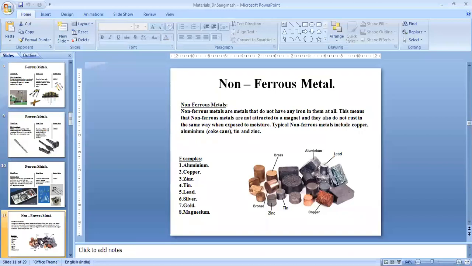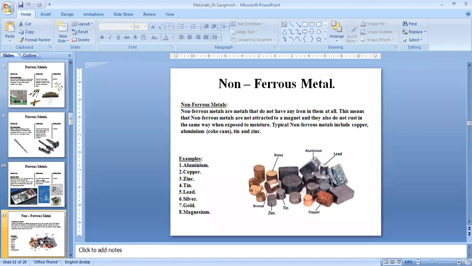Non-ferrous metals, as I was speaking to you, are the metals that do not have any iron in them. How you differentiate is only by the presence of iron content. In ferrous material, 99% is going to be iron and the remaining 1% other elements. But here we don't find even smaller portions of iron.